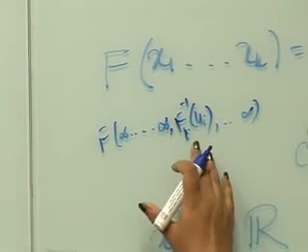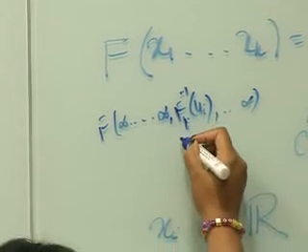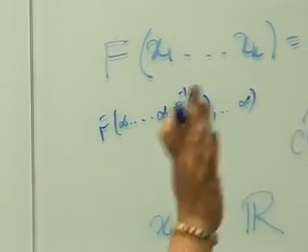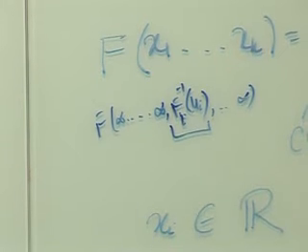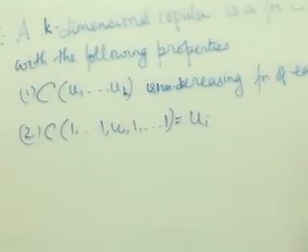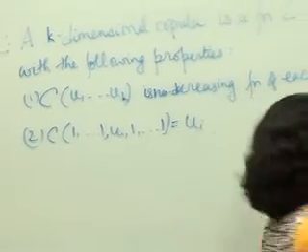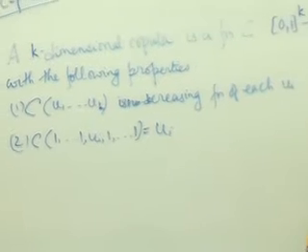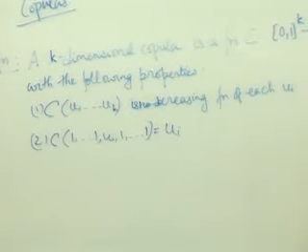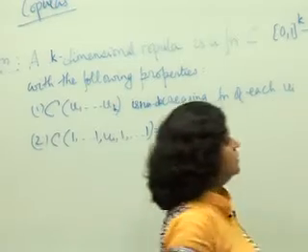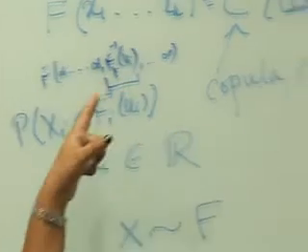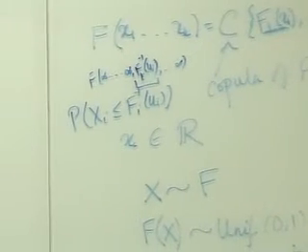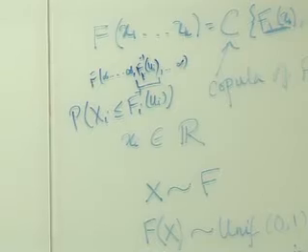So this means that this is the marginal distribution of the ith component. Everything else can be any value. The ith component is less than Fi inverse of ui. So the probability of this should be ui. Okay, so this is the same as the probability that Xi is less than Fi inverse of ui. So this is Fi of Fi inverse of ui, which is ui. So this should hold.